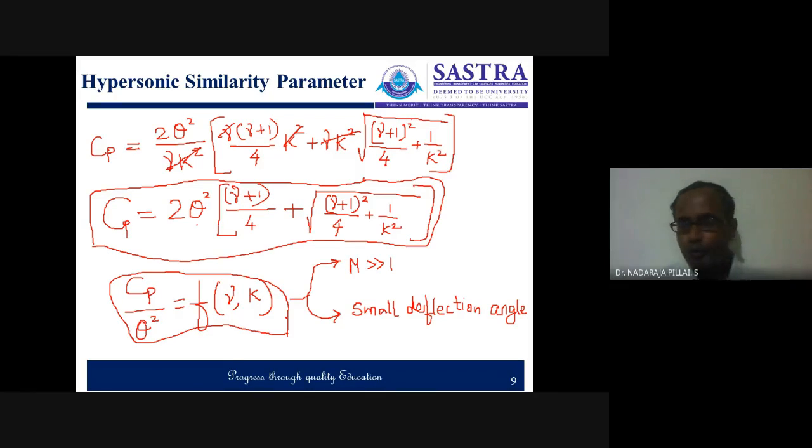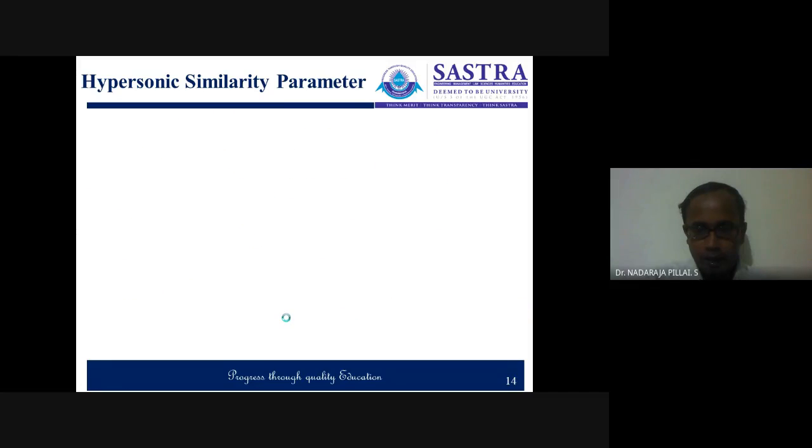So it will be very useful in predicting the coefficient of pressure based on the hypersonic similarity parameter for hypersonic configurations, right?